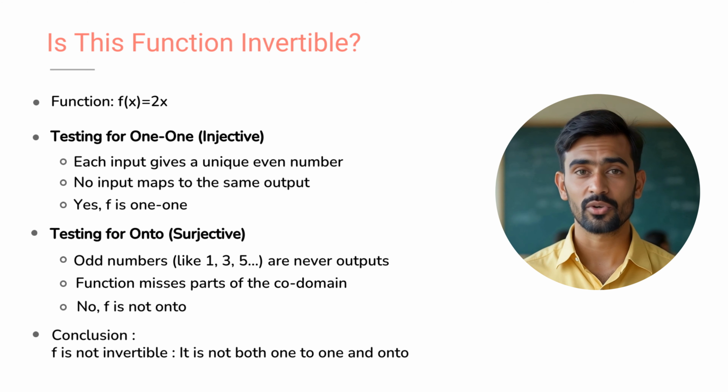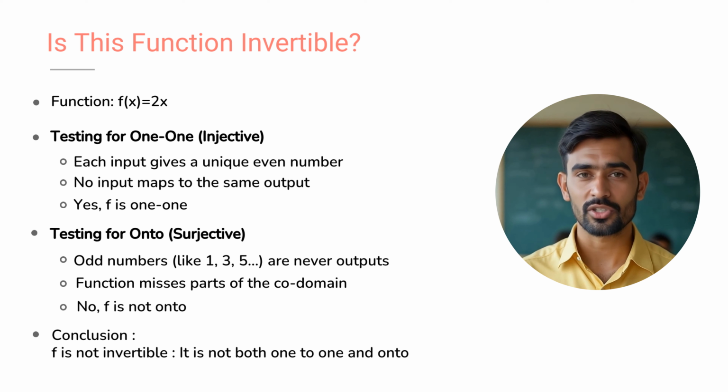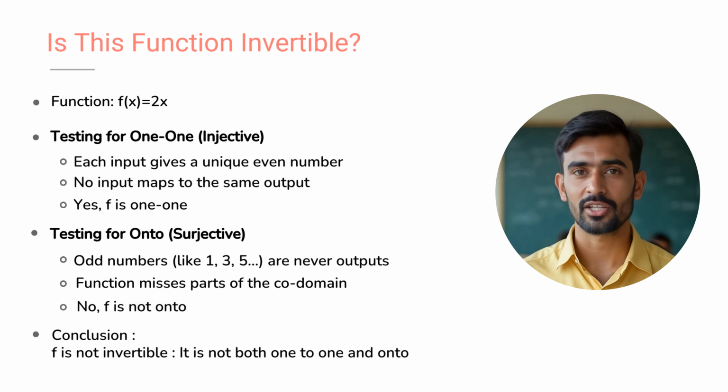Here's a checkpoint for you. Let's take the function f of x equals 2 times x, defined from natural numbers to natural numbers. Now let's test for invertibility. Is it one-to-one? Yes. Each input gives a unique even number, no repeats. So, the function is one-to-one.